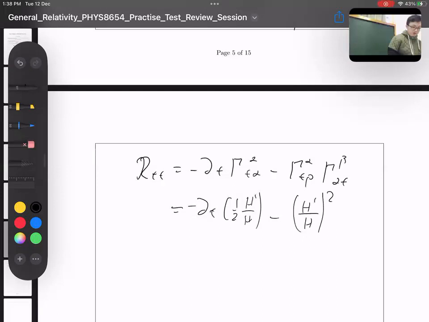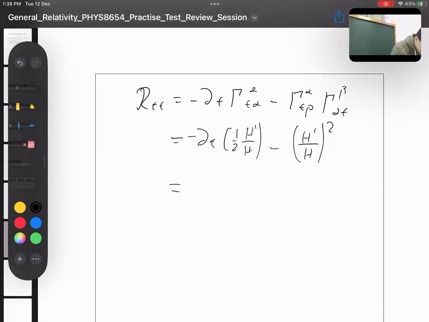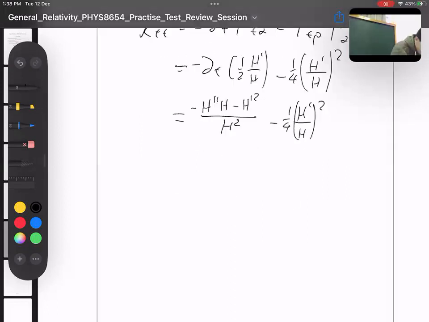Right? So this is h double dot h minus h dot squared over h squared minus h double dot, right? And this should be a quarter. So then you get h double dot over h minus h dot squared over h squared minus a quarter h dot over h all squared.